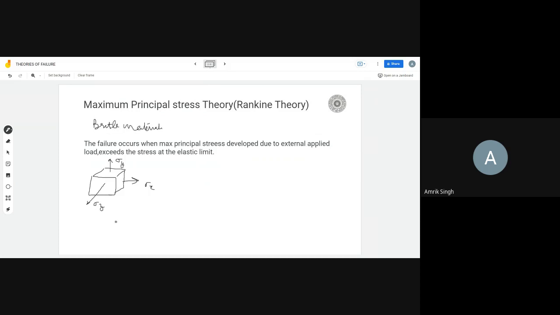So these are the normal stresses in x, y, and z direction respectively. This is z direction, this is x, and this is y.